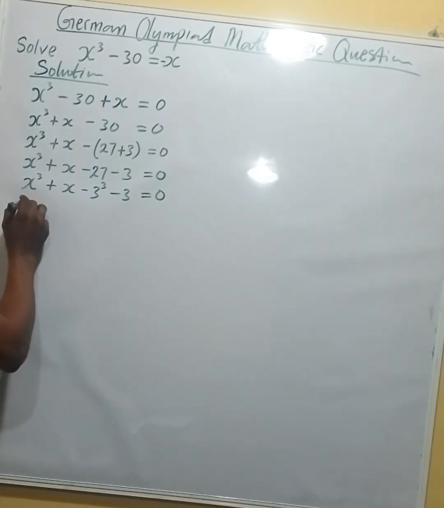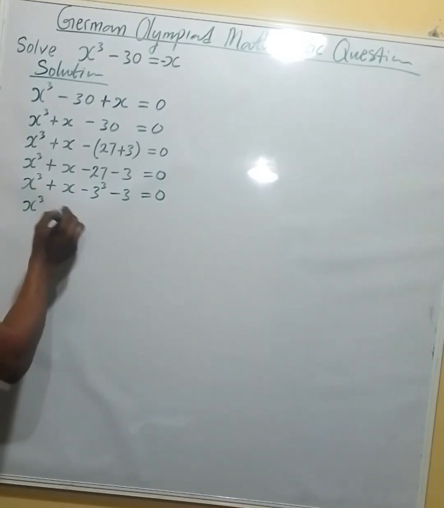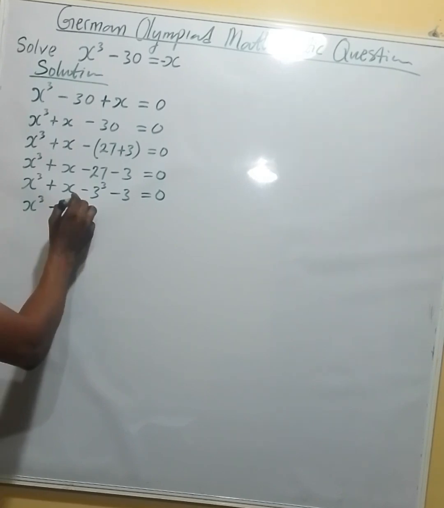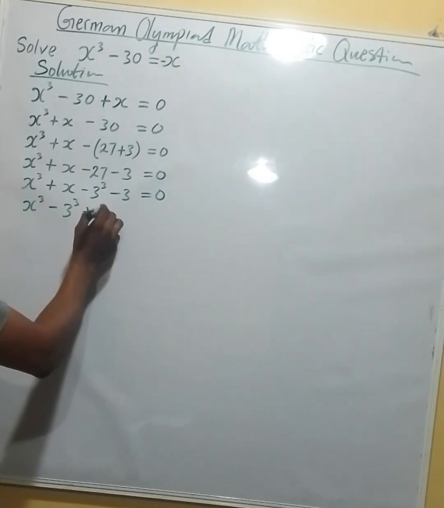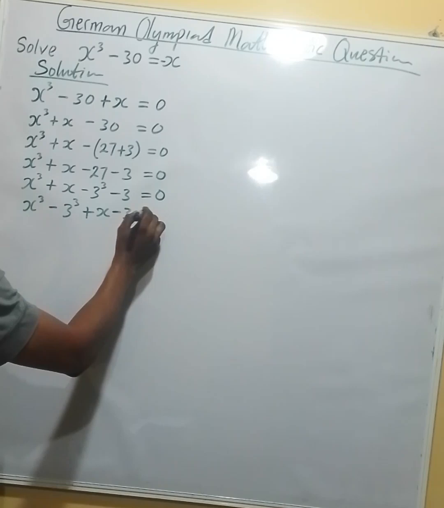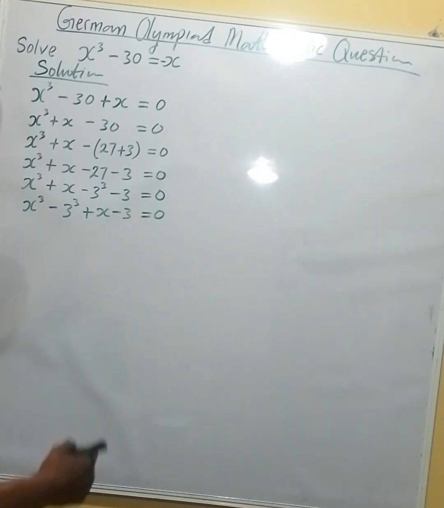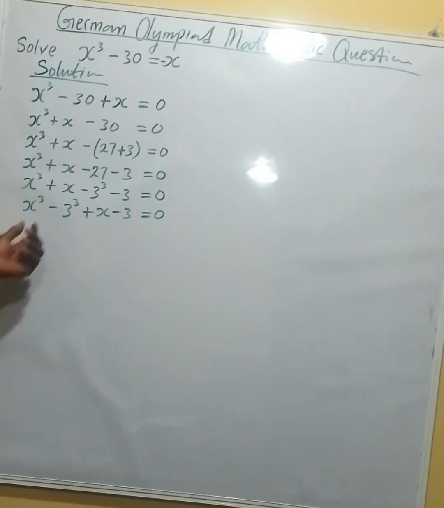Then the next thing you are going to do is rearrange what you have. So x raised to power of 3 minus 3 raised to power 3 plus x minus 3, everything equals 0. From there, when you look at what you have, this x raised to power 3 minus 3 raised to power 3, they are together.